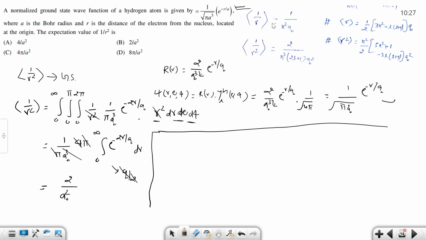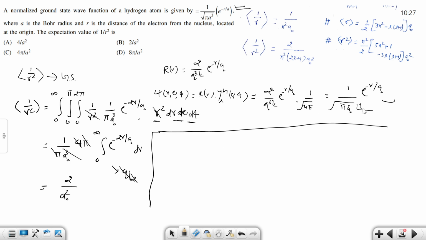So here I have written the expectation value of these quantities directly for any state. This is for the ground state, and the ground state wave function is very simple for the hydrogen atom. But suppose they ask about the first excited state, second excited state, then how will you deal with this? How will you do it? That becomes very complicated. Why?